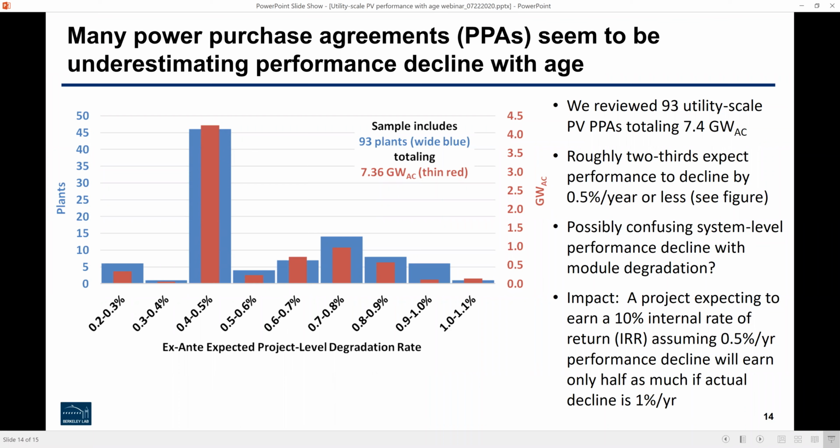So, you know, my guess is most developers try to be a little bit conservative, setting the first year performance numbers.